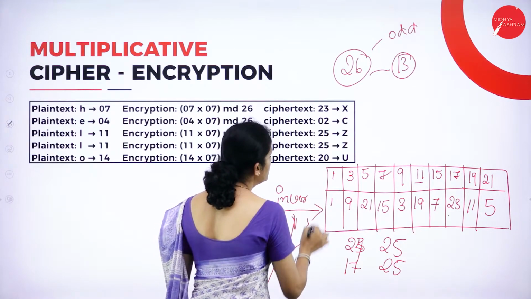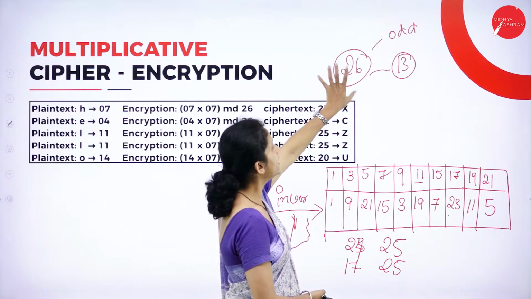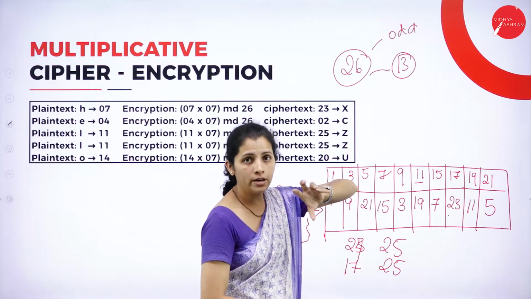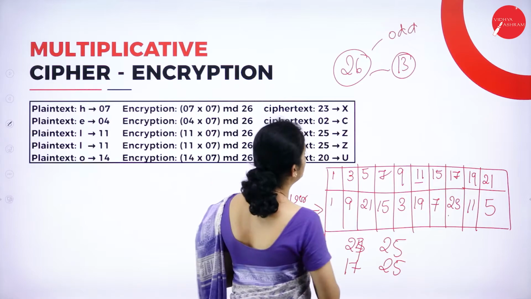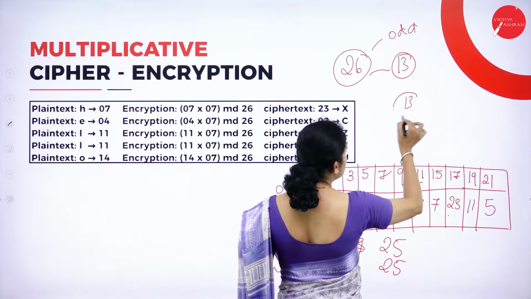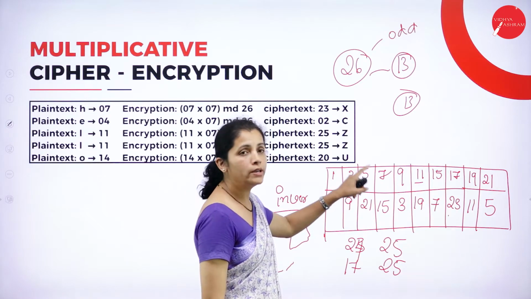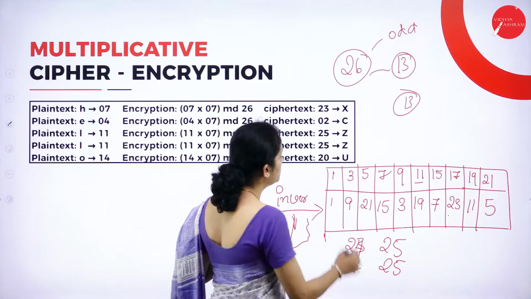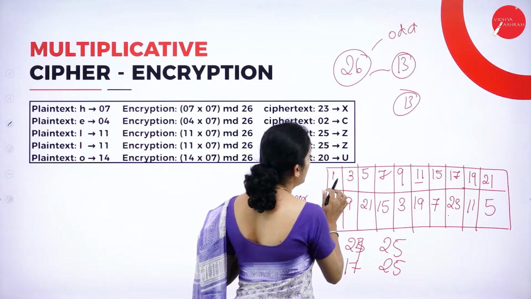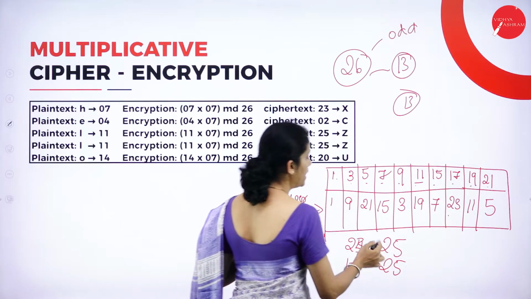So, if I consider the alphabet, the total is 26. In that, I cannot consider even numbers, and I can consider only odd numbers. Even though 13 is also an odd number, I cannot include 13 in this table. And what possibilities do I get here? 1, 2, 3, 4, 5, 6, 7, 8, 9, 10, 11 and 12.